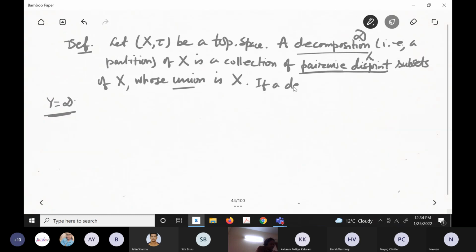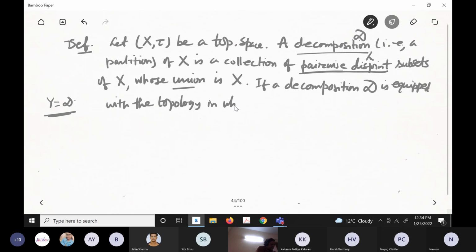If a decomposition D is equipped or endowed with the topology in which, be careful, F is a subset of D. D is my Y. So F will be a union of some members of this.